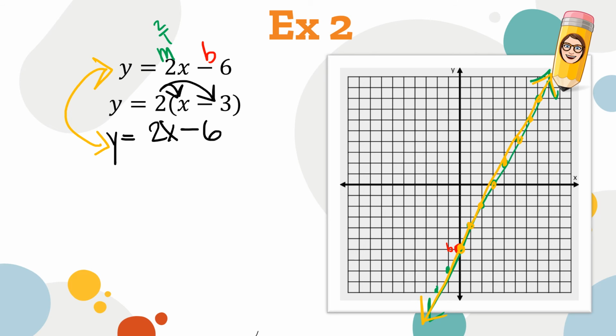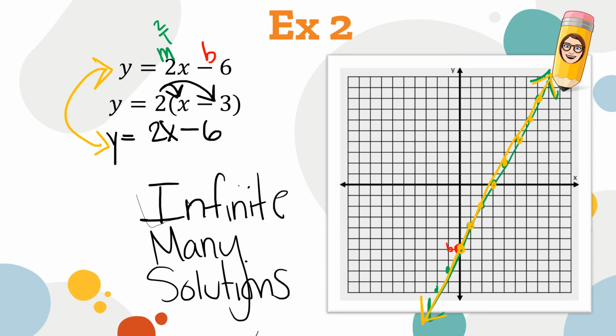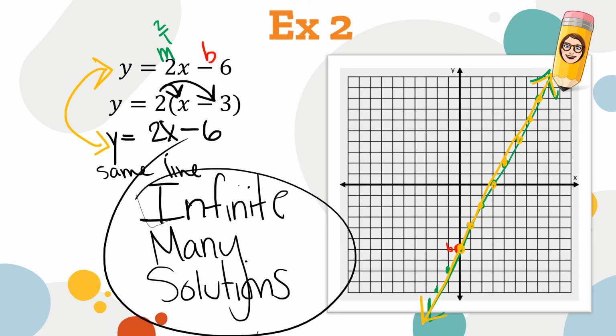That's an interesting situation. So we have an interesting answer. If I asked what is their solution, we say infinitely many solutions. Do you remember that answer from solving equations? We've done that before. And so this answer we're still going to use. When it's the same line, it will always be infinitely many solutions.